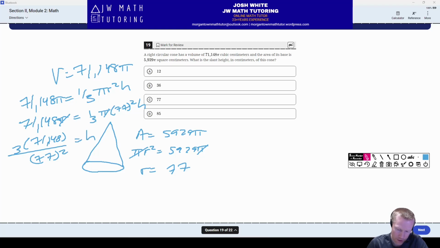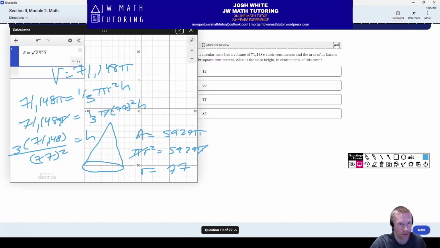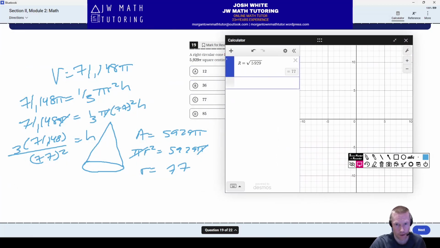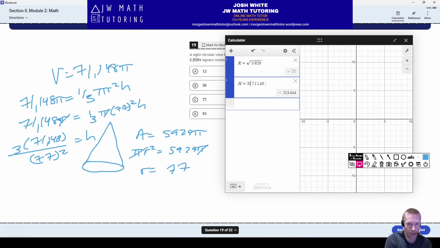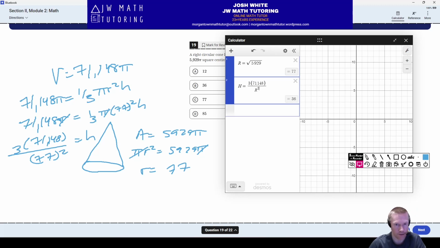All right, that is going to give us, when we plug it in, our height value. So let's go back to the calculator. Our height is going to equal 3 times 71148 divided by r squared. Okay, so our height is just equal to 36.